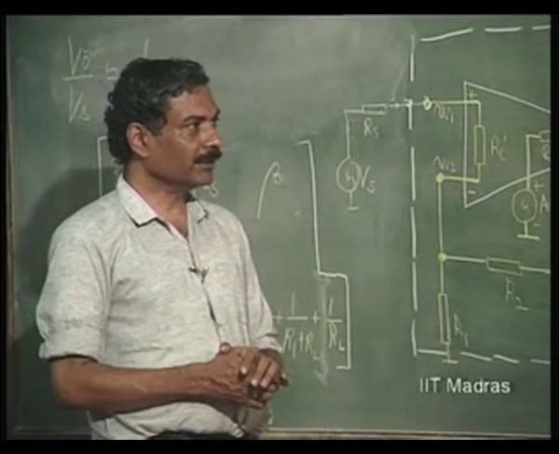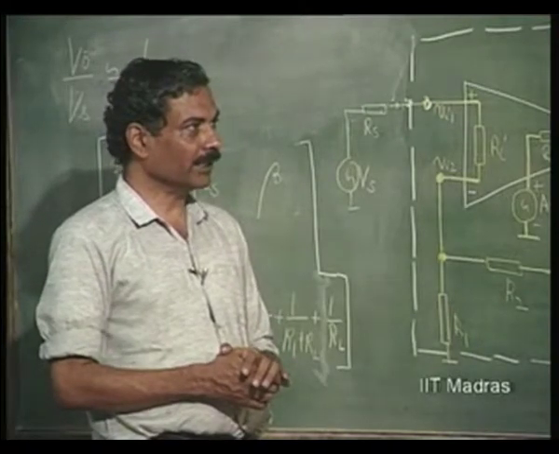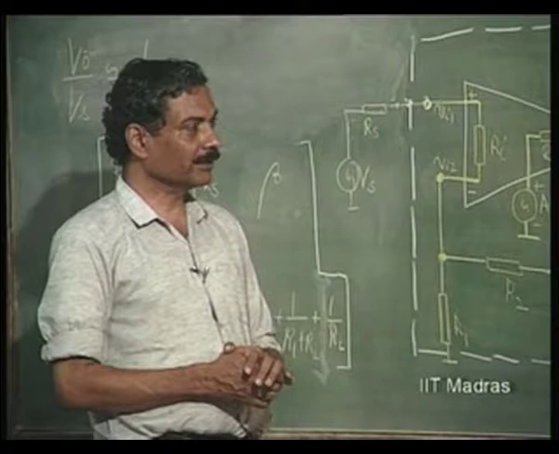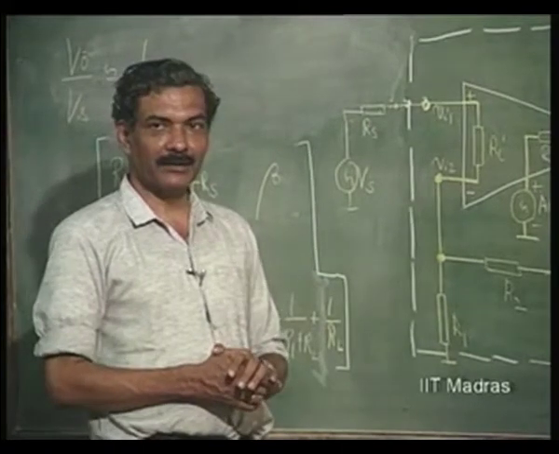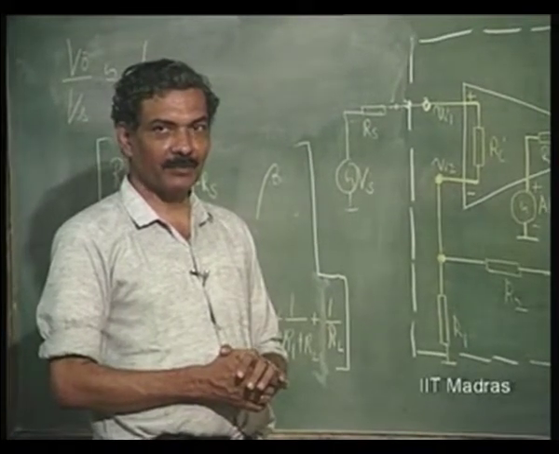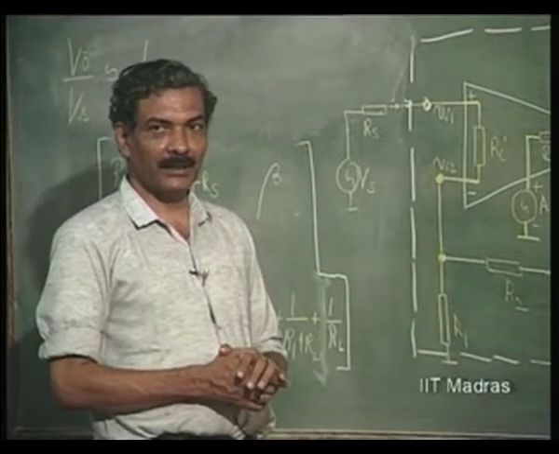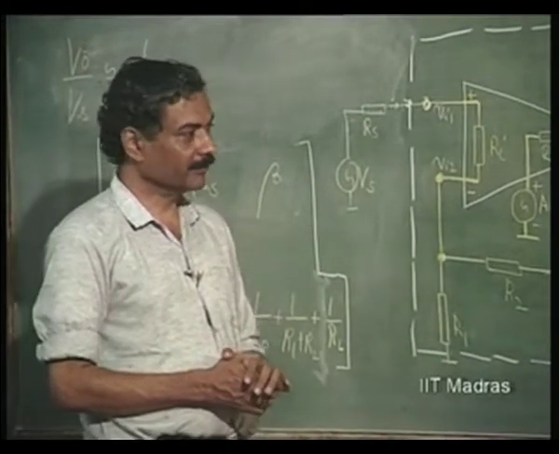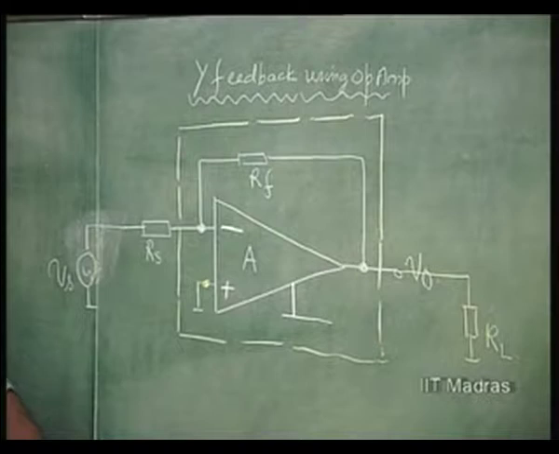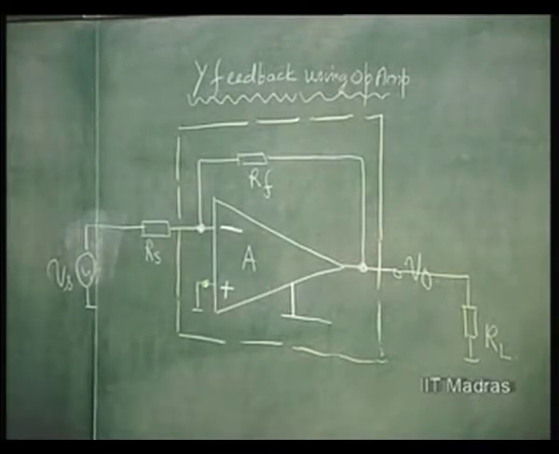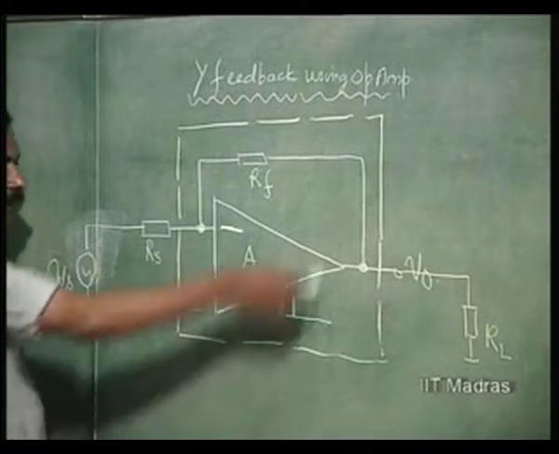The next circuit that we have discussed is the Y feedback, which is the only other negative feedback possible with operational voltage amplifiers. Now, let us consider Y feedback as applied to the operational amplifier, negative feedback. So, we have this op amp.